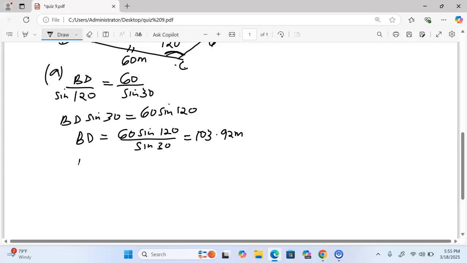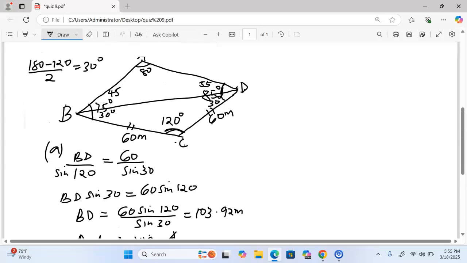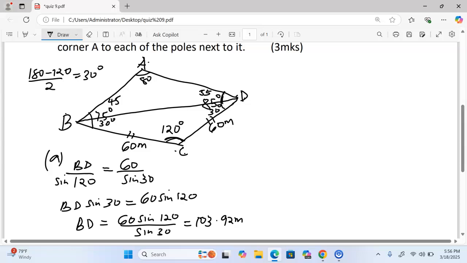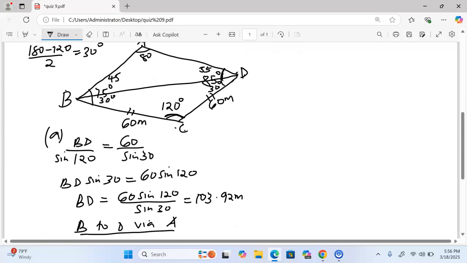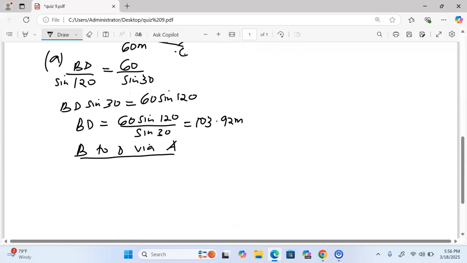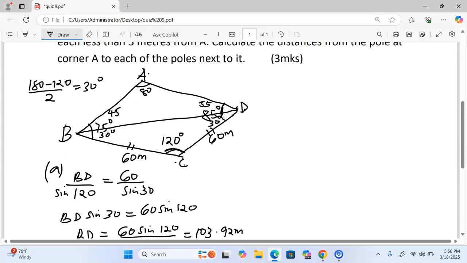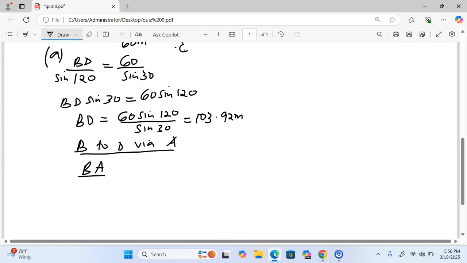Once we have BD, we can still move down and use other sides. Remember, we are supposed to calculate B to D via point A. Therefore, we use this other side, which is AB, because we need the length BA and AD for us to get the length that we are looking for. So we can use BA divided by the sine of 55, the angle that corresponds with BA.